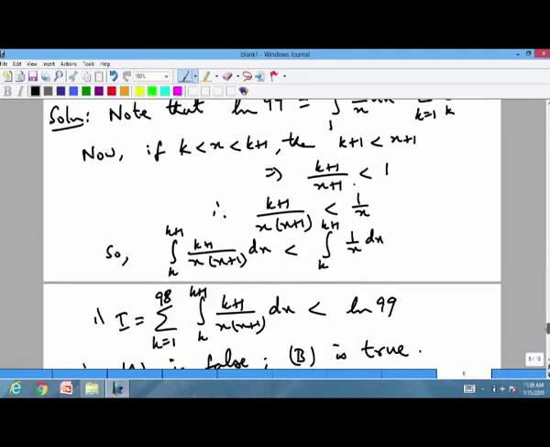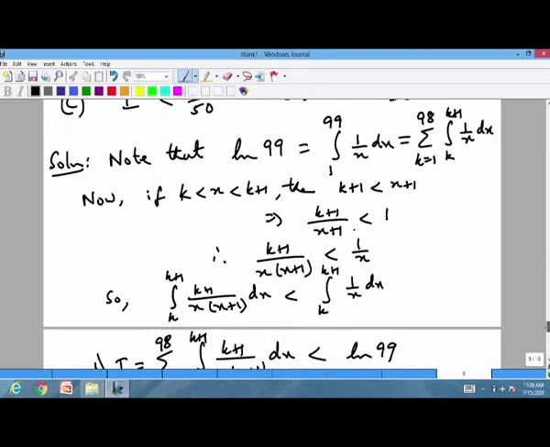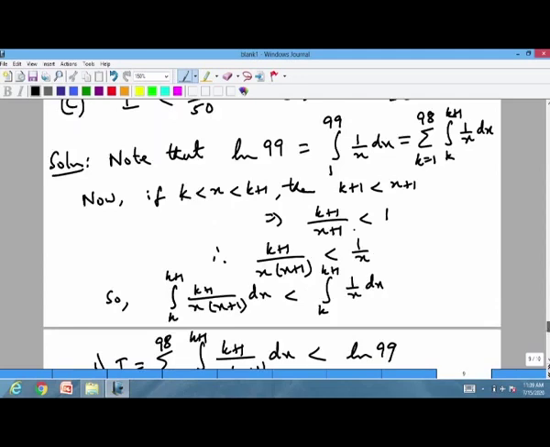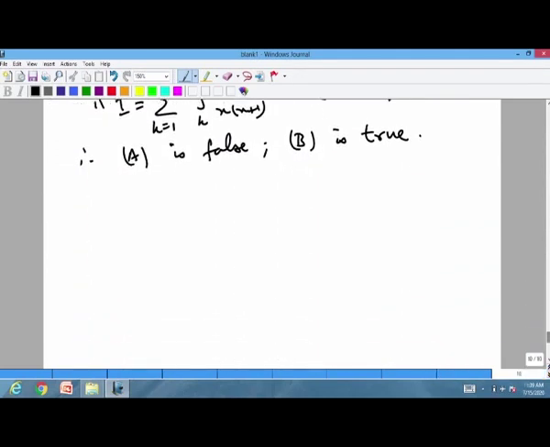So, in fact, if you see the way we have done this part to get that the integral is less than log 99, we can also get a lower bound. So, I greater than something by using... So, similarly, what we can get is this k plus 1 by x is greater than 1 if x is between k and k plus 1.